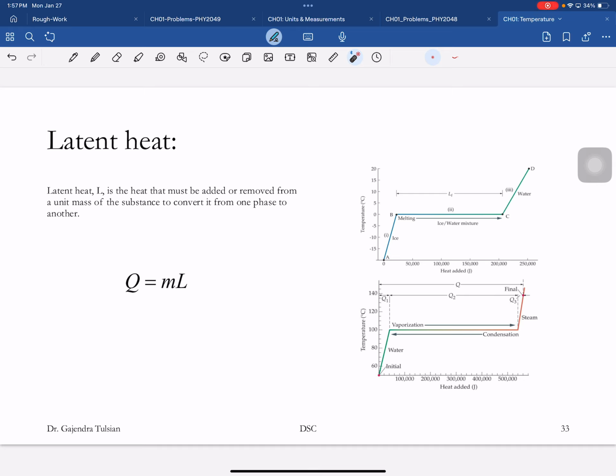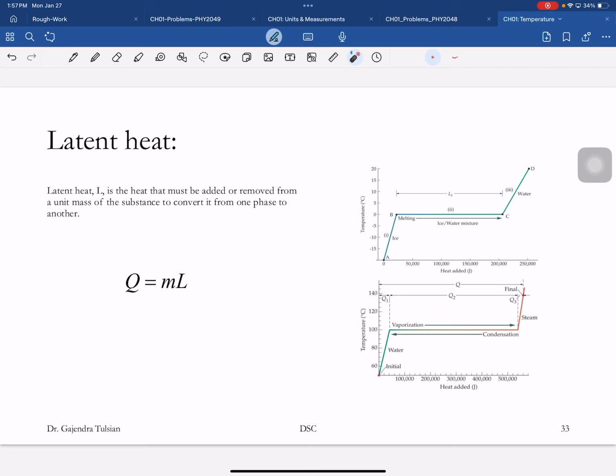That heat that is not raising the temperature, but which is contributing to the phase change of the material, is called latent heat. And that is a very important thing. So the heat that goes into changing phase and not raising the temperature is called latent heat. This is the amount of heat added, that's the amount of ice that melted, or the water that got converted to steam.